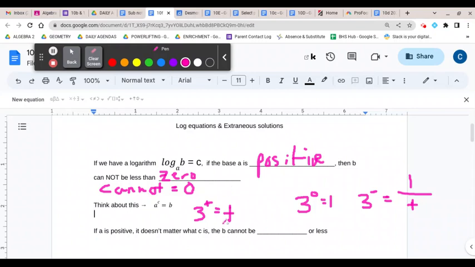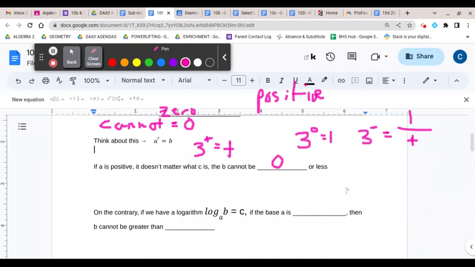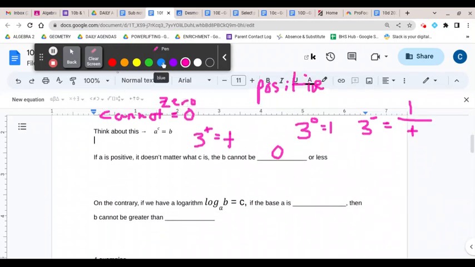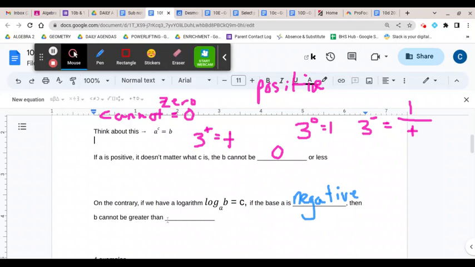So if a is positive, it doesn't matter what c is, b cannot be 0 or less. On the contrary, if the base a is negative, b cannot be greater than or equal to 0.